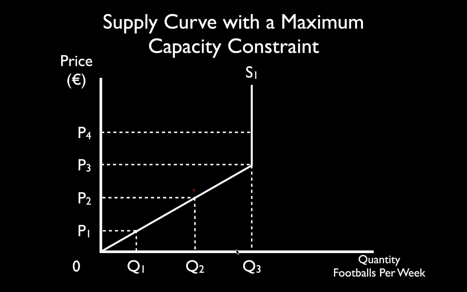There is a physical limit beyond which the firm currently cannot produce. Maybe if you give them a week and they get more capital and more machines, or they move to a bigger factory with more machines, then they can. That's fine. But right now, given their current level of factors of production, there is a limit beyond which they cannot produce. And even if the price goes up to P5, it does not matter.